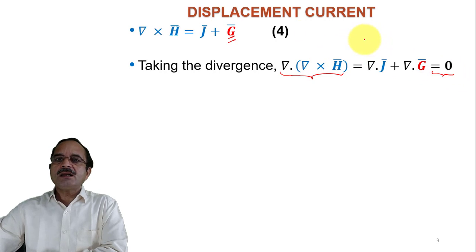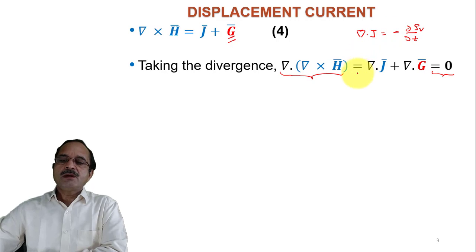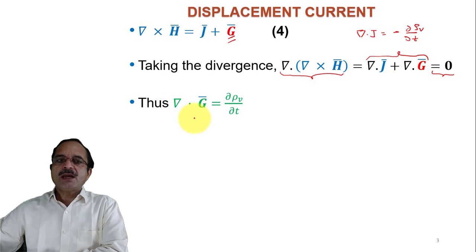Now we have seen earlier, as per continuity equation, divergence of J is negative rate of change of volume charge density rho v. So to satisfy this equation, we must have del dot G as d rho by dt, so that del dot J plus del dot G becomes 0.